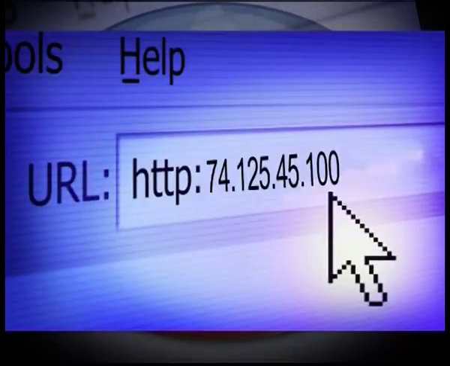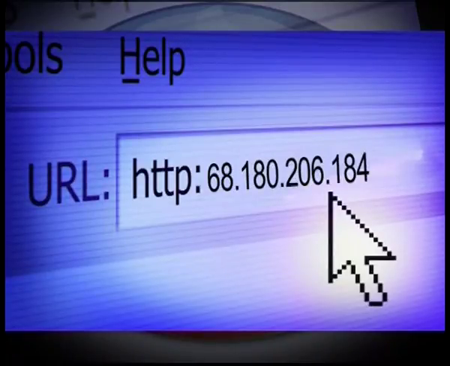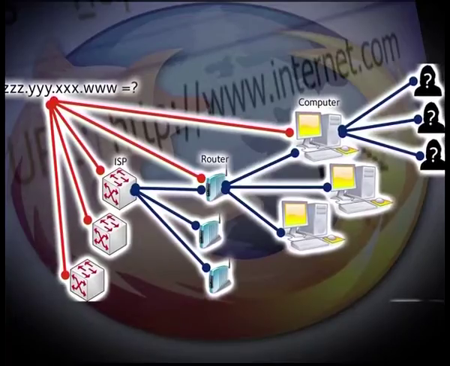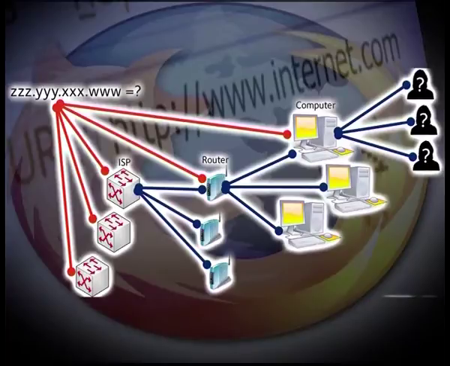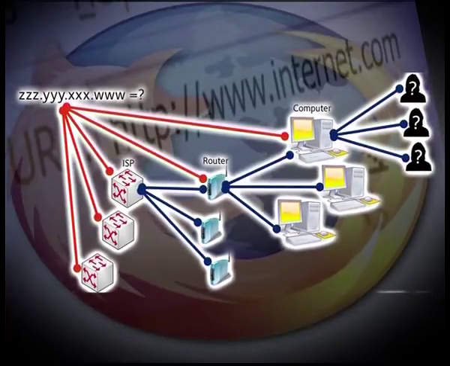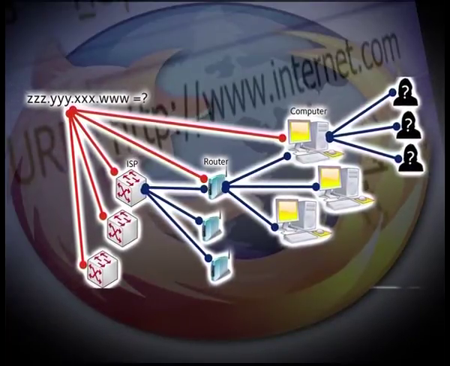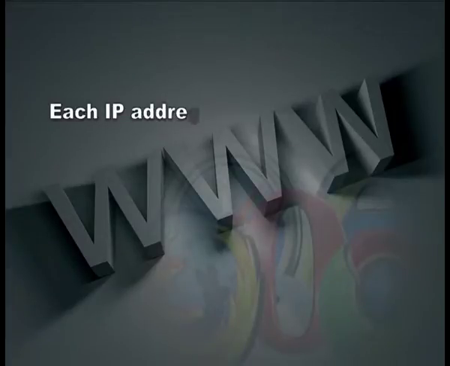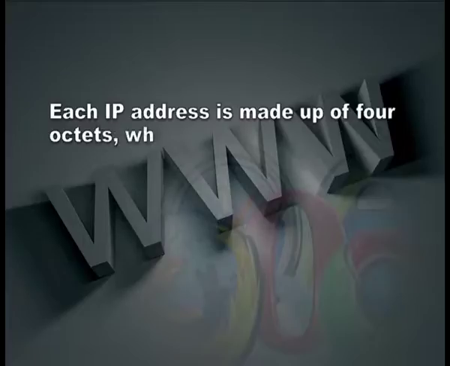In layman's language, the IP address is the number allotted to a computer that is connected to the internet. The IP address is unique and no two computers can have the same IP address. Each IP address is made up of 4 octets whose value ranges from 0 to 255.